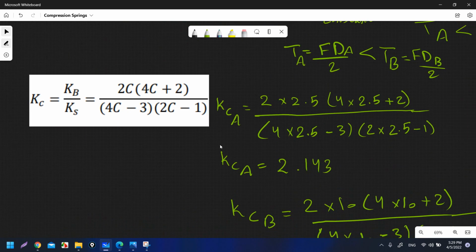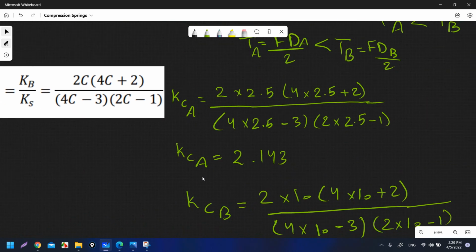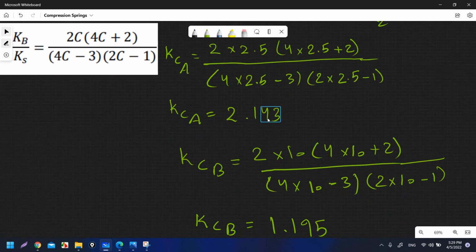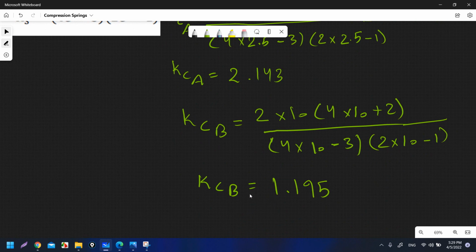If you use this equation and substitute, the value for Kca will be 2.143, and for Kcb, for spring B, it will be 1.195.